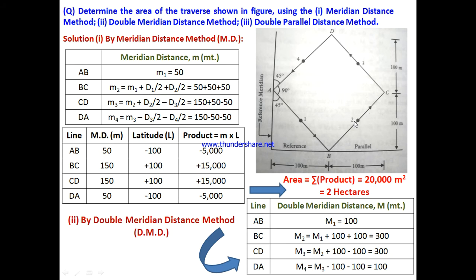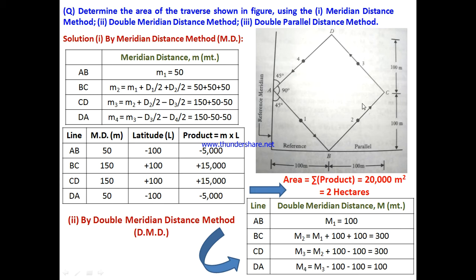So the meridian of 2 will be equal to what we have calculated up to here, that is 50, plus again D1 by 2, that is again 50, plus D2 by 2, which will be again 50. So here we are getting the value as 150.